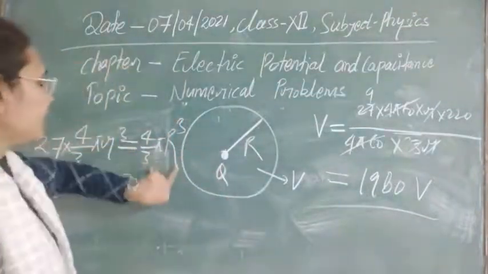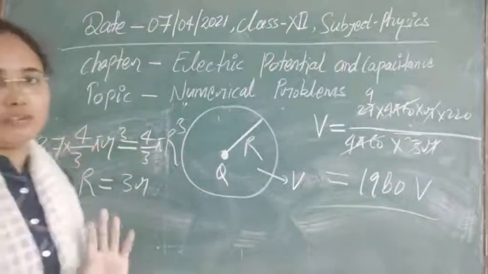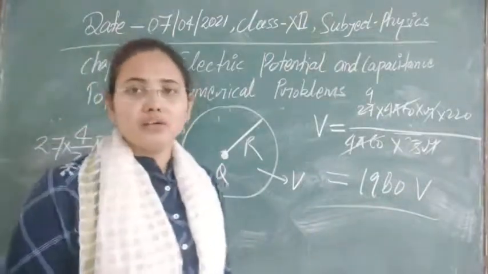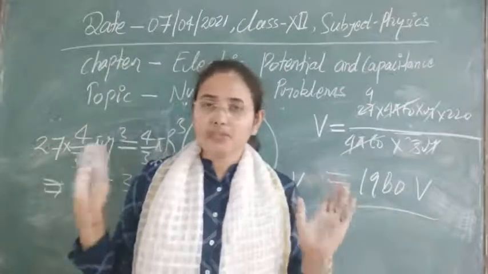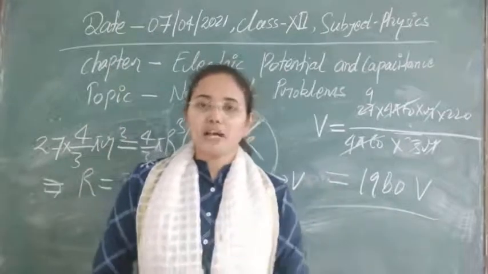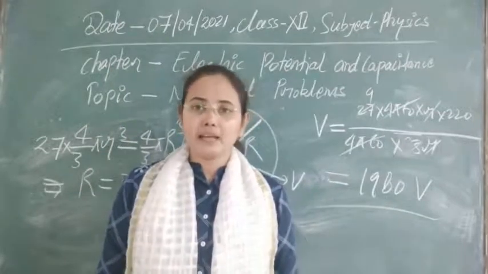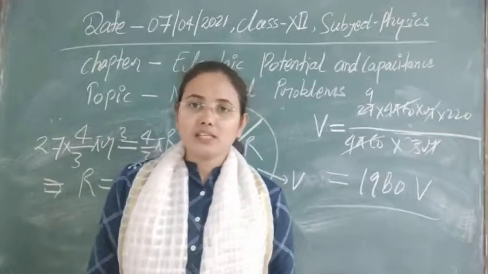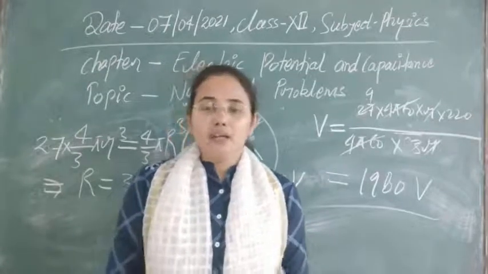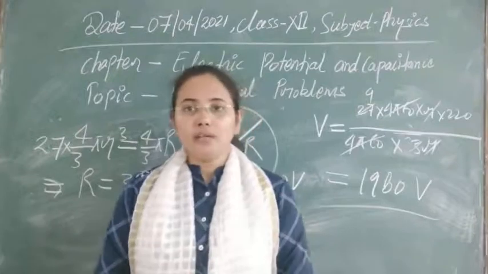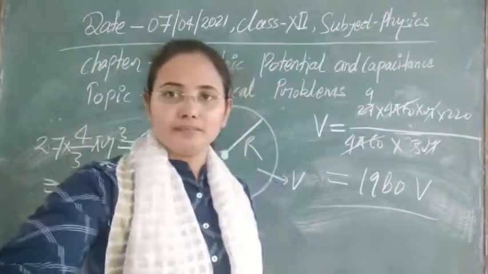After that you equate it and calculate the value of R. We can find it by the same method whenever we are combining smaller drops to form a bigger drop, or splitting a bigger drop into many smaller drops.